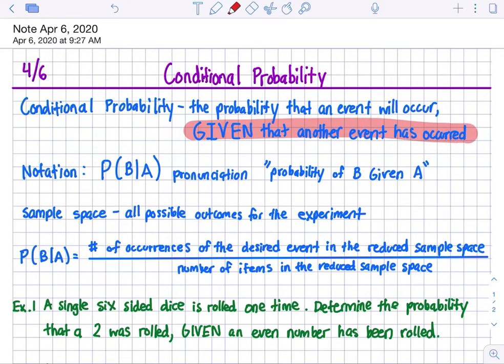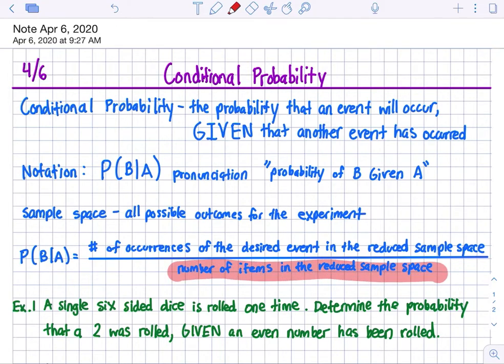In other words, the total amount of outcomes in your problem is going to be reduced, because this is simply how conditional probability is. It restricts the amount of outcomes that will occur. So this is finding the actual percentage or fraction. It's the number of occurrences of the desired event in the reduced sample space, all divided by the number of items in the reduced sample space.